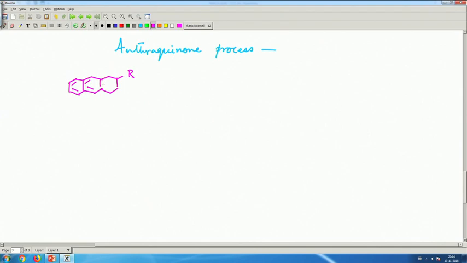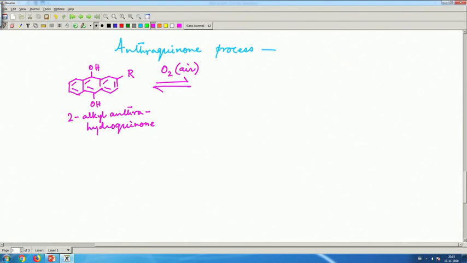So, we can have 2-alkyl anthraquinone, which is oxidized by O2 of air at 30 to 80 degree centigrade and 5 bar pressure.